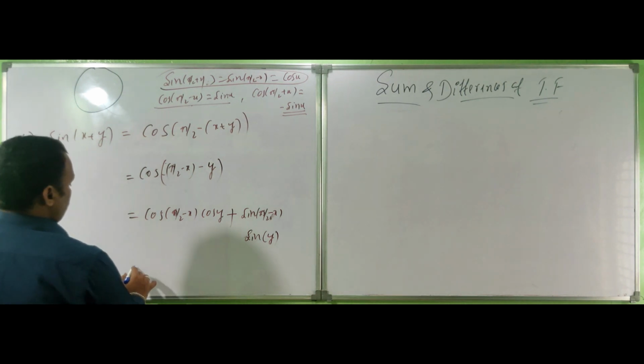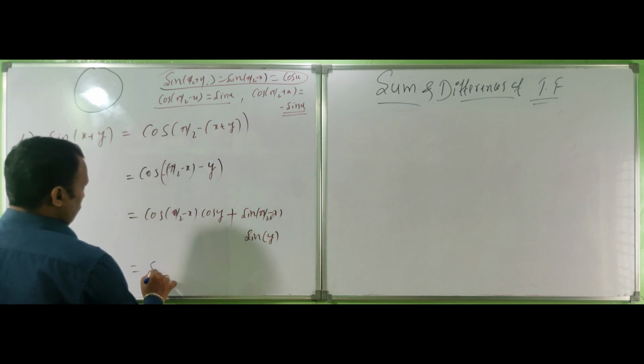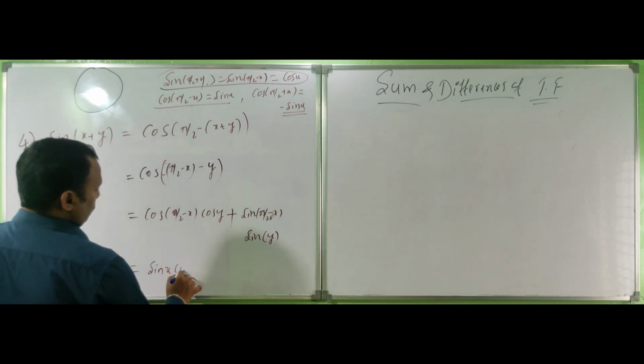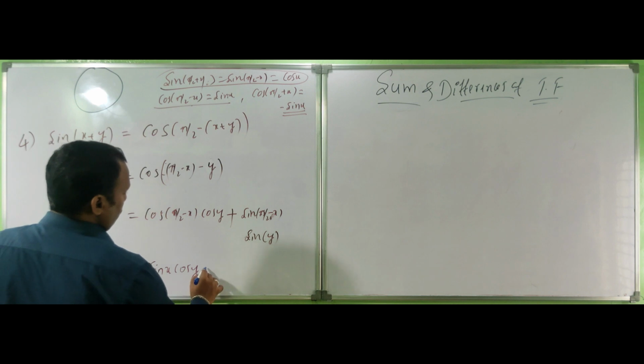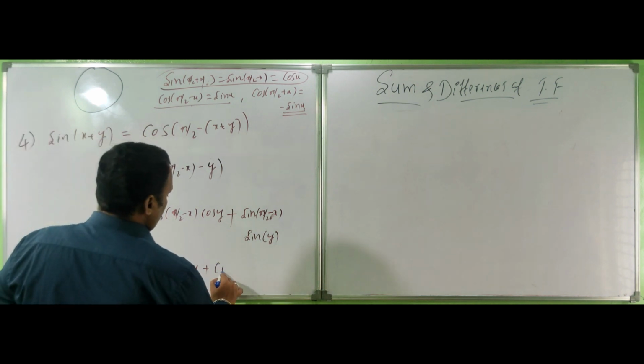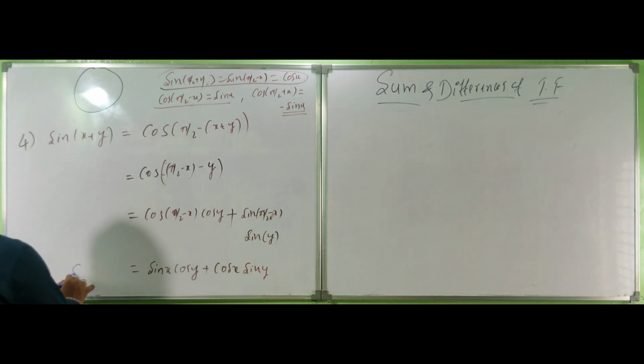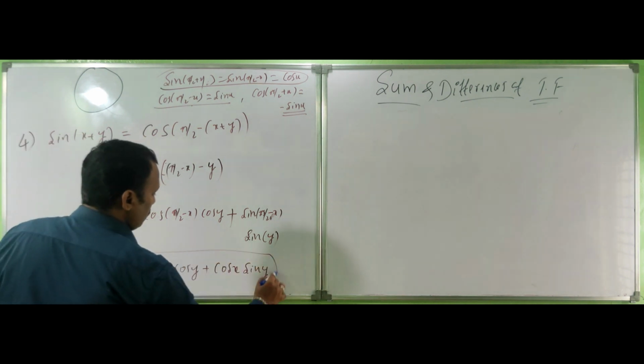So cos of pi by 2 minus x gives sin x, into cos y, plus sin of pi by 2 minus x is cos x, into sin y. Therefore, sin of x plus y gives the ratio.